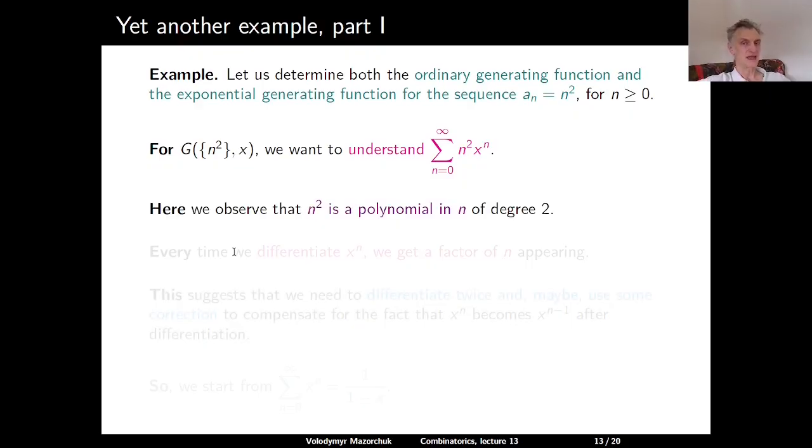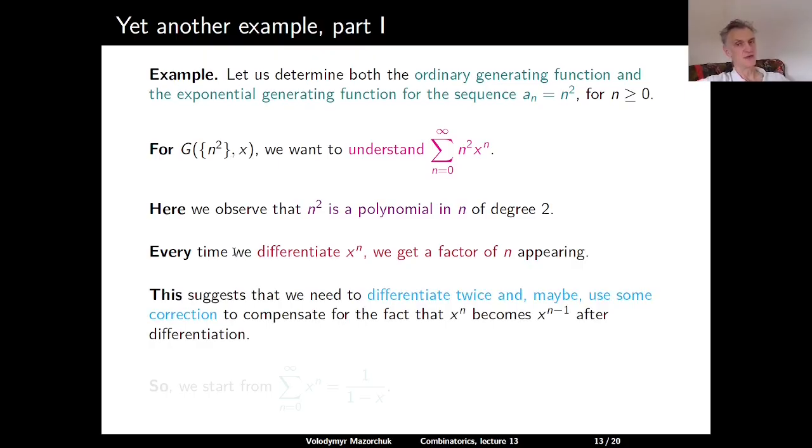And we observe that n squared is a polynomial in n of degree 2, and every time we differentiate x to the power n, we get a factor of n appearing. So this suggests that we need to differentiate twice and maybe use some correction to compensate for the fact that x to the power n becomes x to the power n minus 1 after we differentiate.